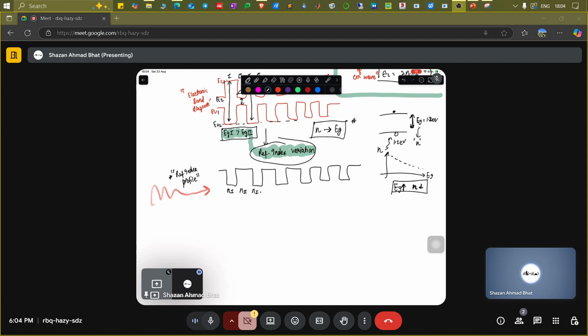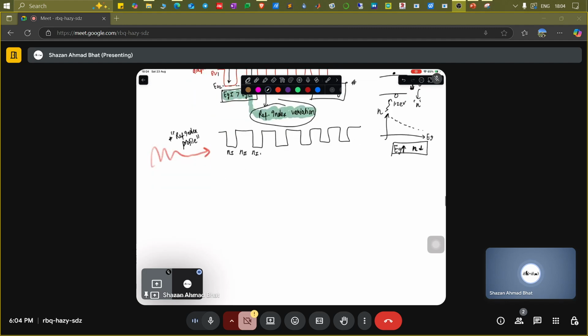That is why most of the time we try to match the electronic energy gap and the photonic energy gap. Let me give you an example with this particular structure. Let's say an electromagnetic wave comes in.